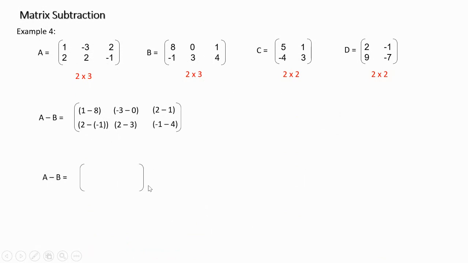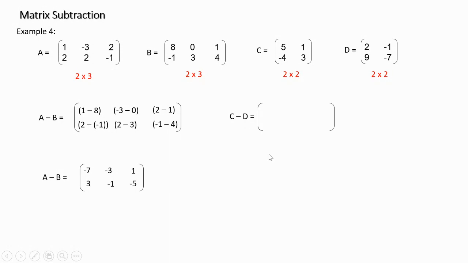Now to simplify, it's going to give us negative 7, negative 3, positive 1, positive 3, negative 1, and negative 5. That's the result of matrix A minus B.